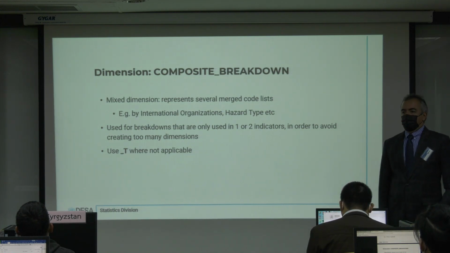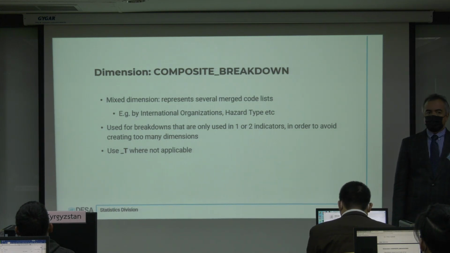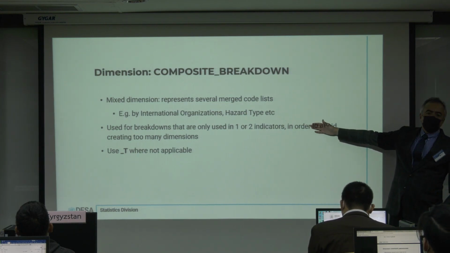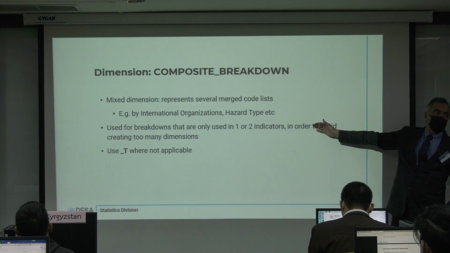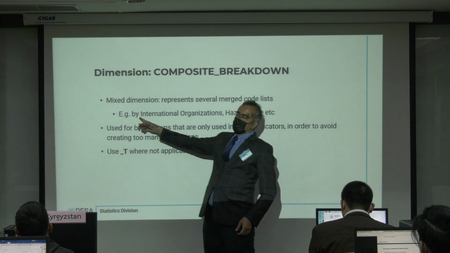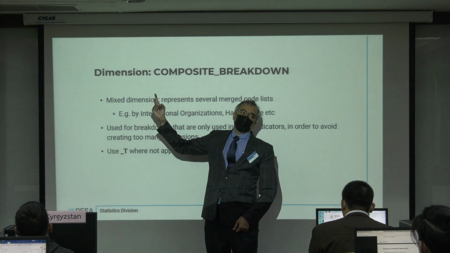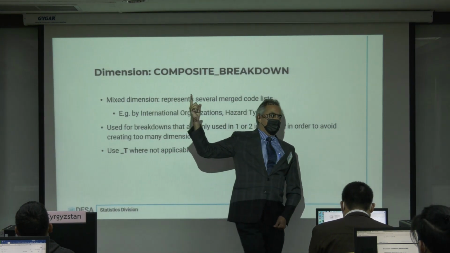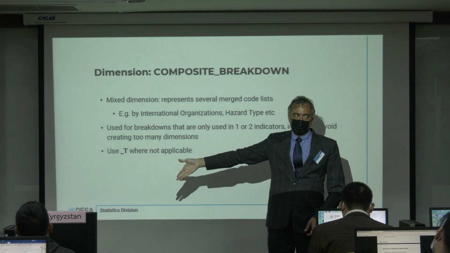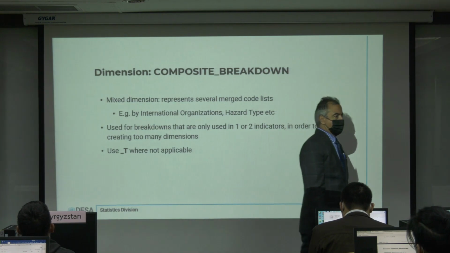And so what do you have? You have 230 indicators which are not disaggregated by international organization, and one indicator which is disaggregated by international organization. And for the sake of that one indicator, you need to create an additional dimension.